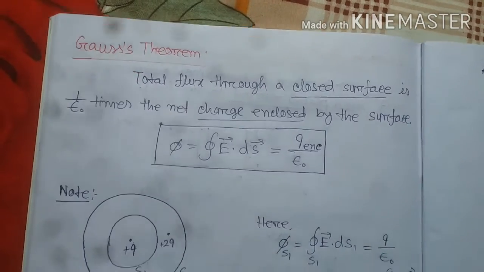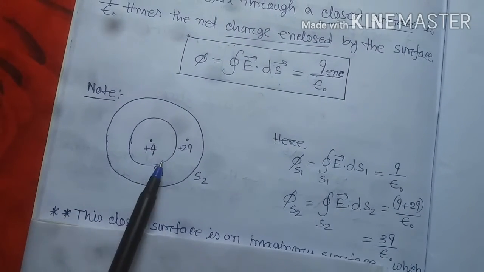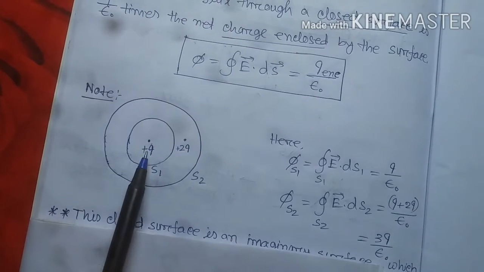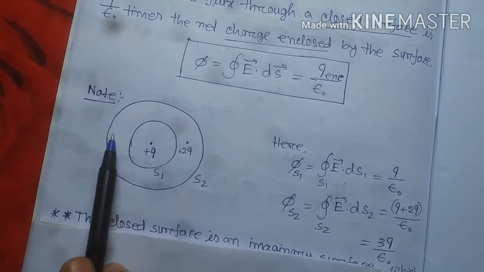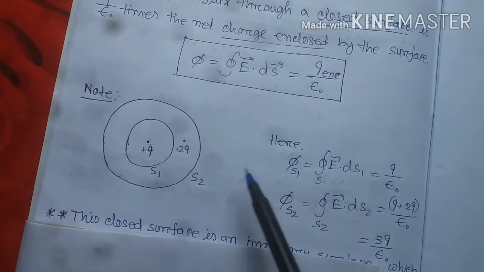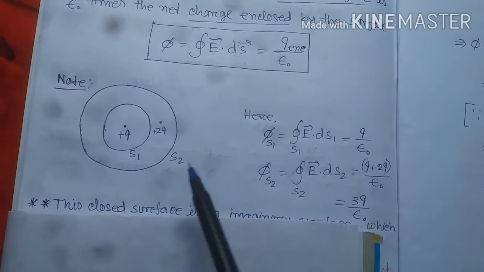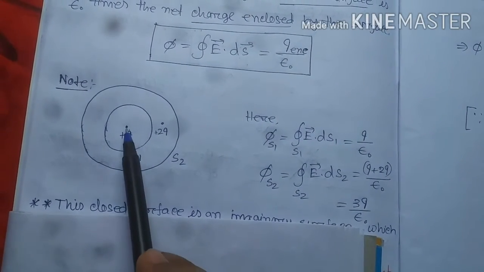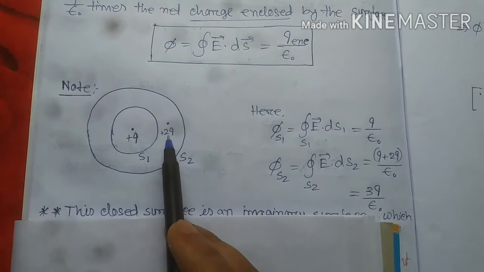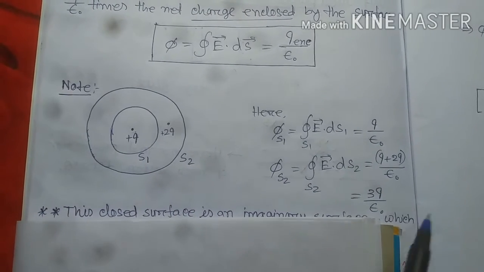Okay, now we will see an example. Here I have taken two surfaces S1 and S2. S1 encloses the charge Q and S2 encloses the charges Q and 2Q. So the flux through the surface S1 will be Q by epsilon naught, and the flux through the surface S2 will be the sum of these two charges, Q plus 2Q, divided by epsilon naught.